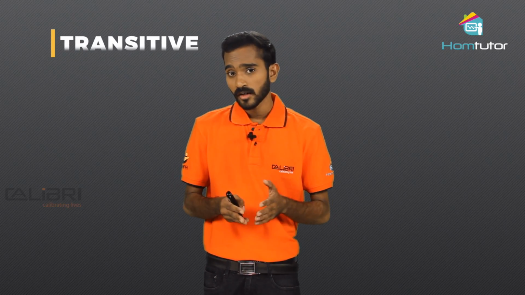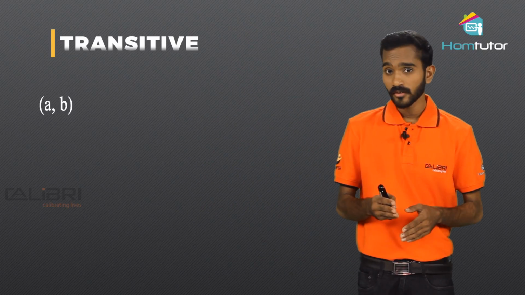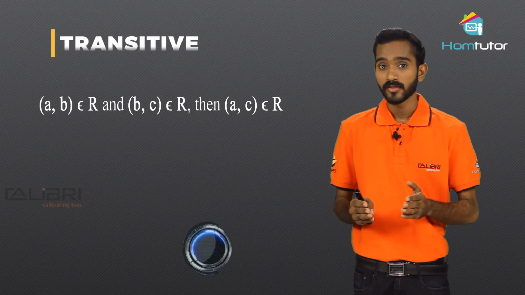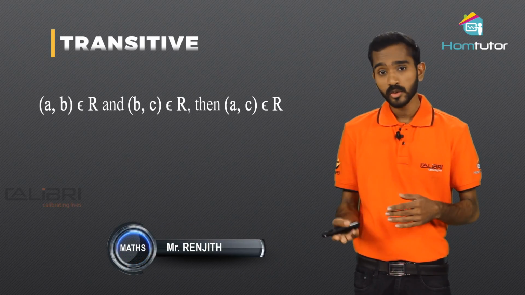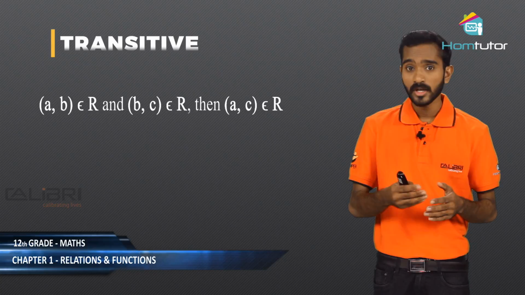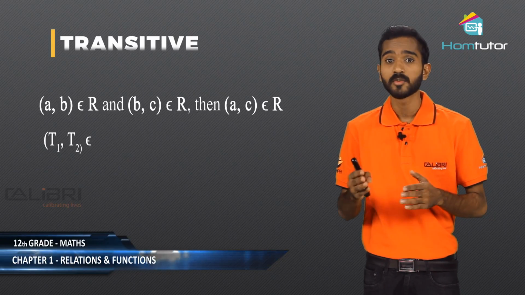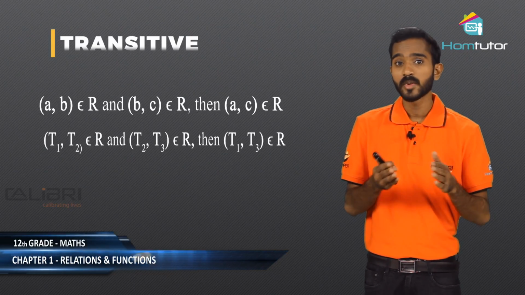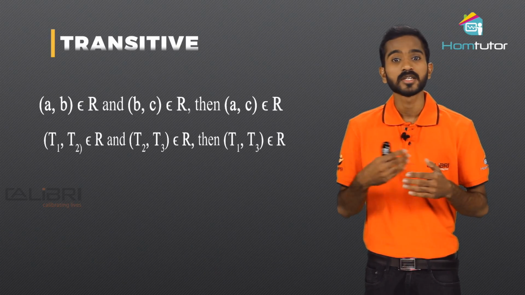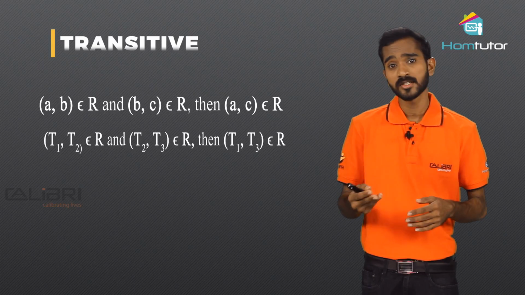For any relation R in a set A to be called a transitive relation, it should satisfy the condition that if the ordered pair (A, B) is an element of R and the ordered pair (B, C) is an element of R, then the ordered pair (A, C) would also be an element of R. Now coming to this problem, to prove that the given relation R is transitive, we must prove that if (T1, T2) is an element of R and (T2, T3) is an element of R, then there exists an ordered pair (T1, T3) which is also an element of R. Only then the relation R can be called a transitive relation.